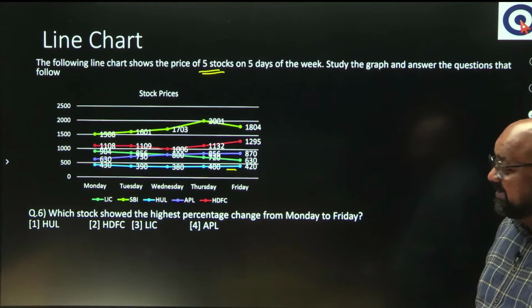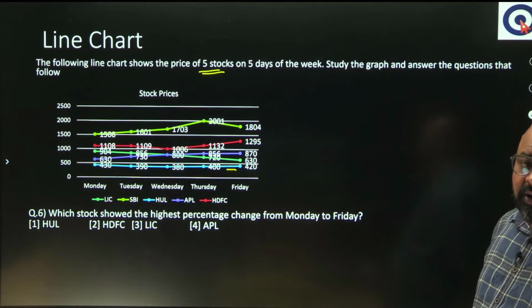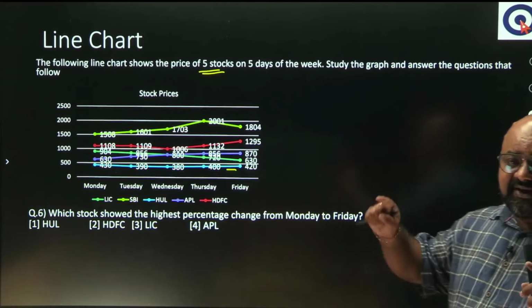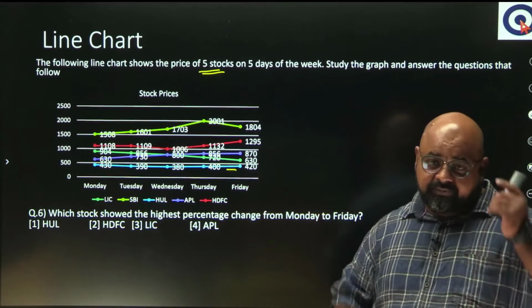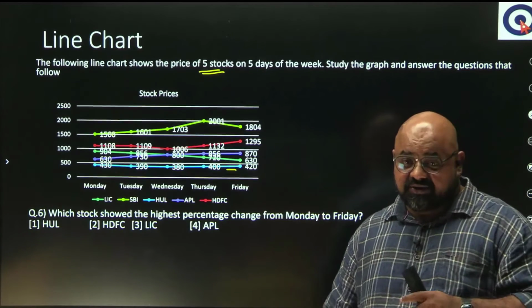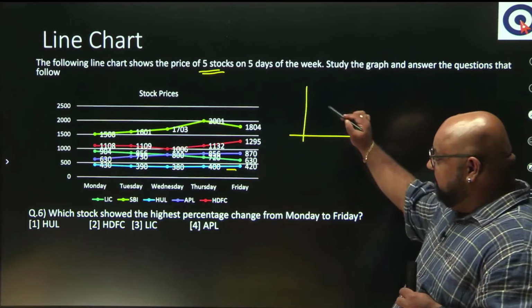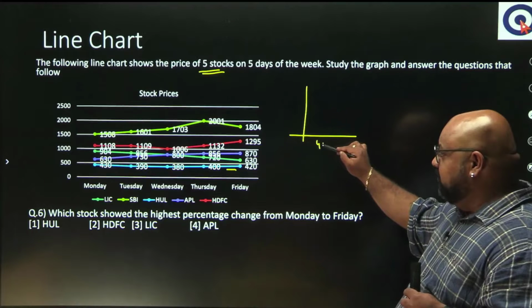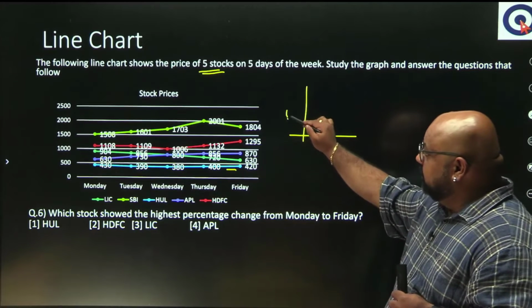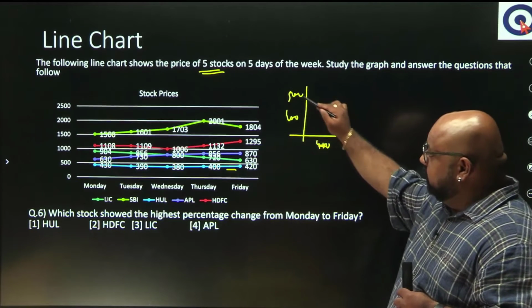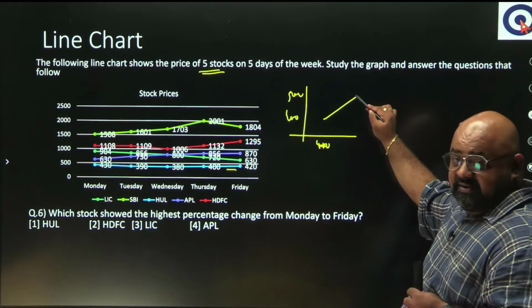See, typically this is where the line charts help a lot, because a line chart gives you a very good idea about the change, but not percentage change, right? So if I am drawing a line chart where one value goes from 400 to 500, it will look something like this.